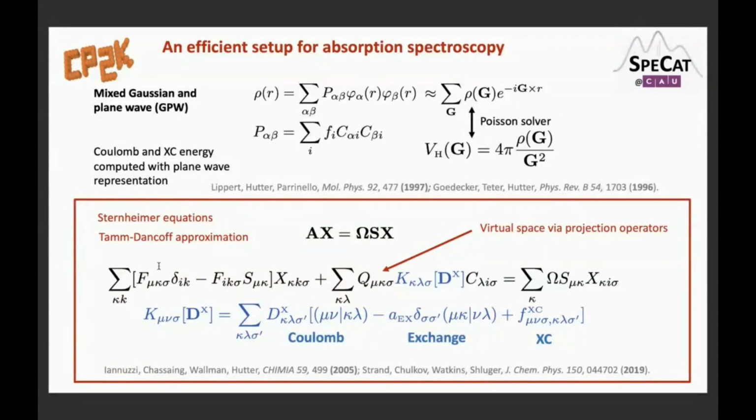So the zeroth order contribution is just the difference in Kohn-Sham energies, virtual and occupied Kohn-Sham ground state reference energies. And then you have also the first order contributions, which I will always refer to as kernel contributions, which comprise Coulomb, exchange and exchange correlation contributions.